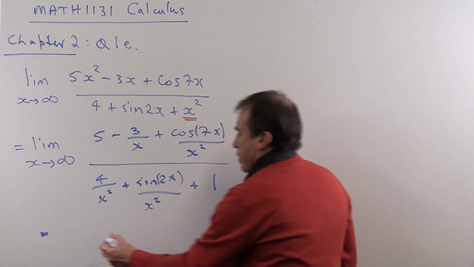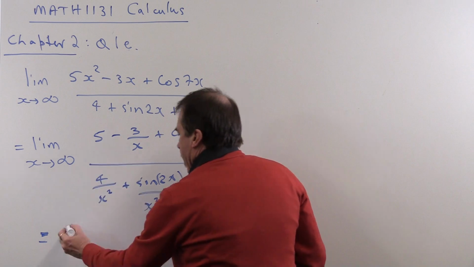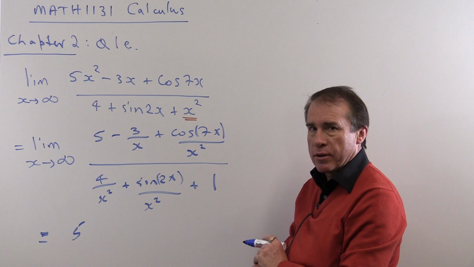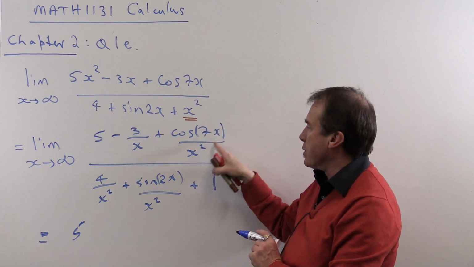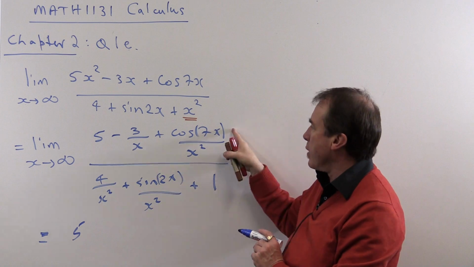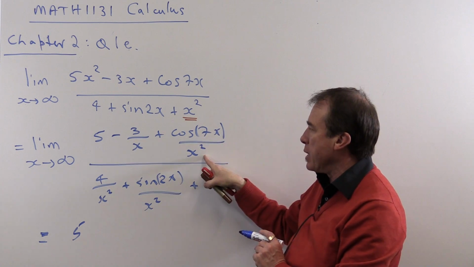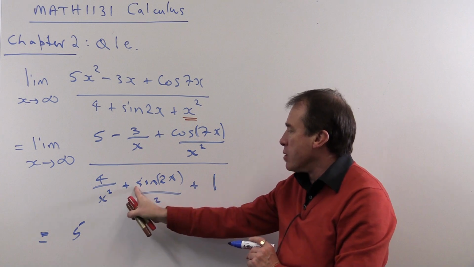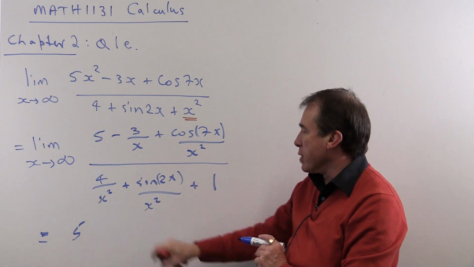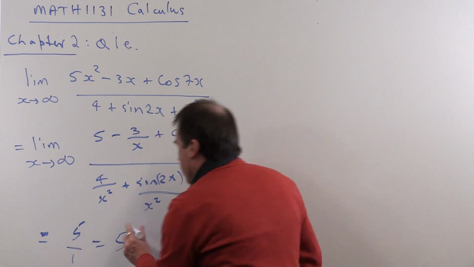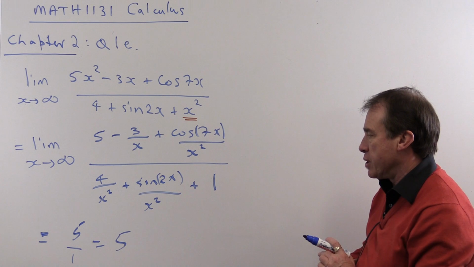Nothing happens to 5, it just stays the same. 3 over x is going to go to 0. Cos 7x over x squared, well, cos can't be any bigger than 1, so that's 1 over a very big number, which goes to 0. Sine can't be bigger than 1, that goes to 0 as well, and I just get 1 in the denominator, and that's 5, which is what we thought the answer was heuristically.